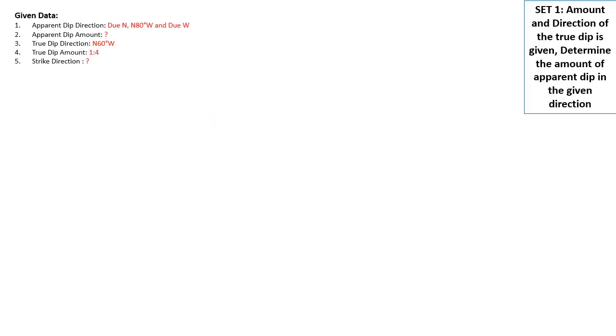So we will see again how to solve it in a similar way. First draw a north south east west line meeting at point O. Exactly perpendicular we need to draw it. Then first measure the true dip direction, that is north 60 degree west.